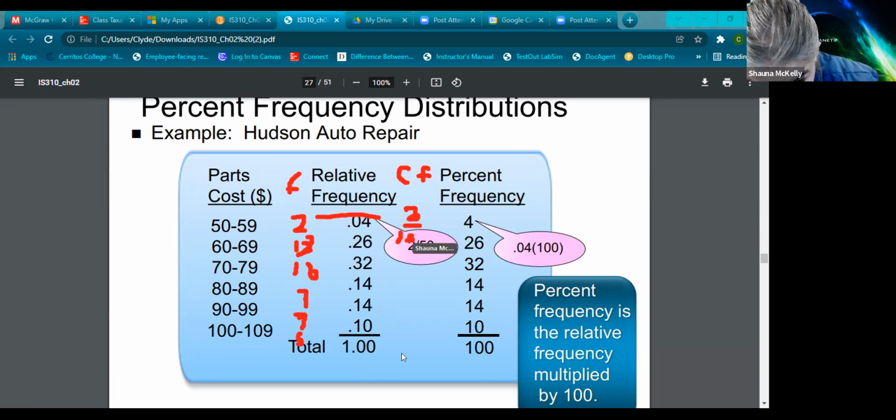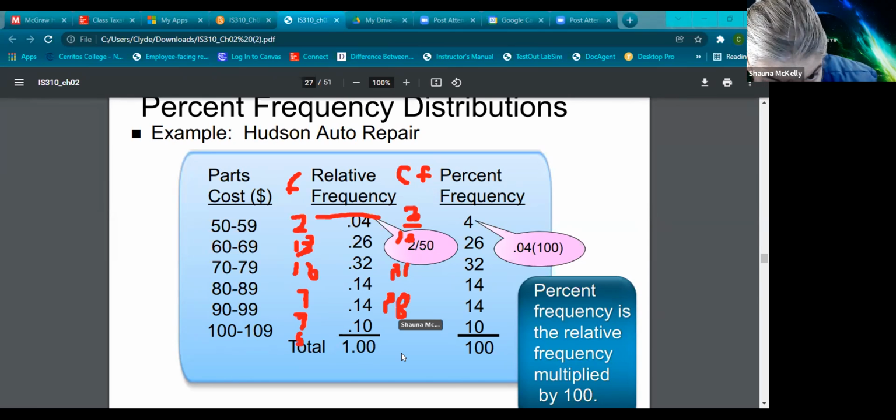And then you take 15 and you add 16. 15 plus 16 is 31. Then you add 31 to the next frequency below you. 31 plus 7 is 38.